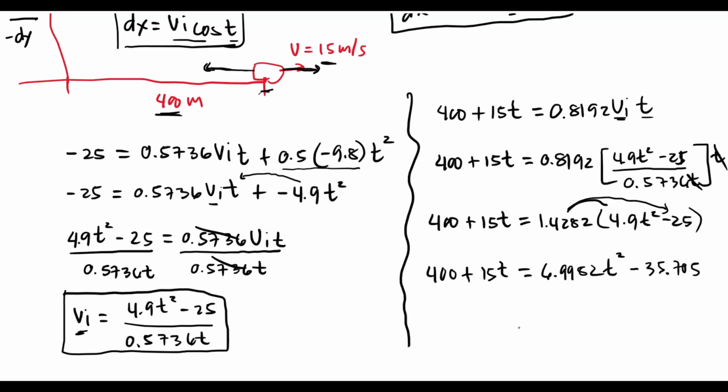Since this one is positive, transpose everything to the right. So we have now 6.9982 t squared. Then this becomes negative 15 times the time, and we have negative 35.705. Then this becomes negative 400 equals 0.